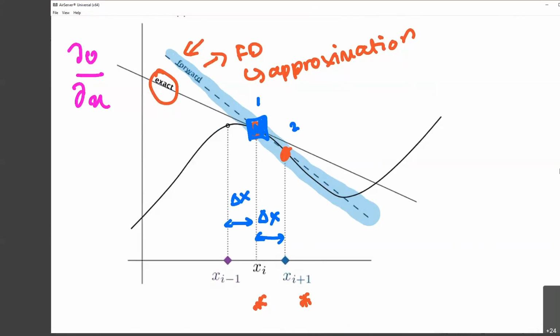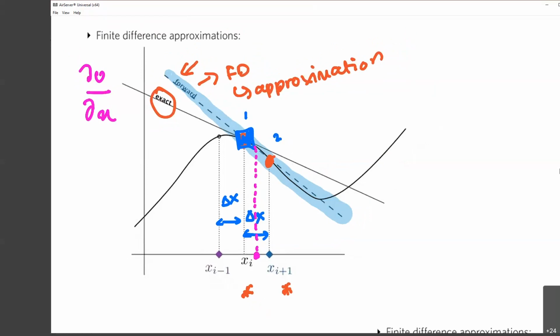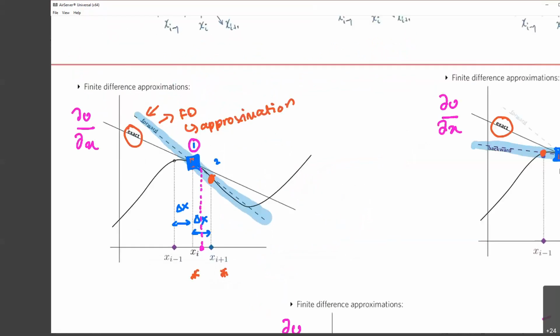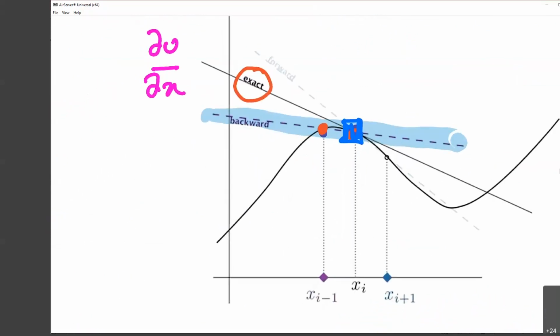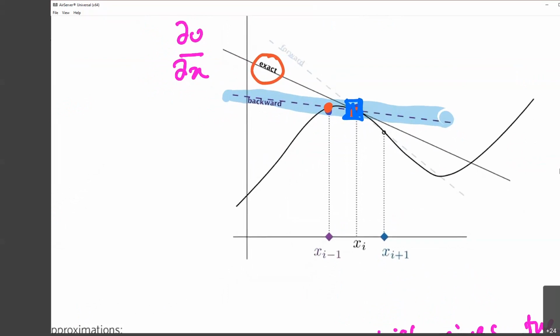By using forward difference, you will get a value that is somewhere in the middle, the pink dotted line here, which is to the right side of the exact value. Remember, this is the exact value. Similarly, using the same example, this is the exact value and this is the second point.